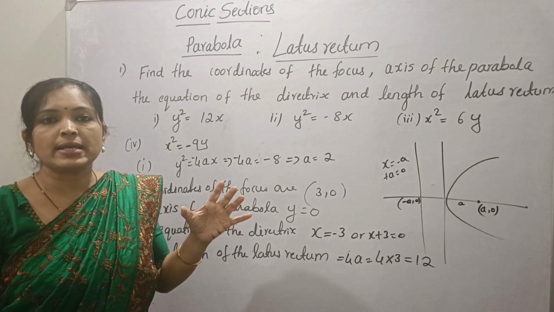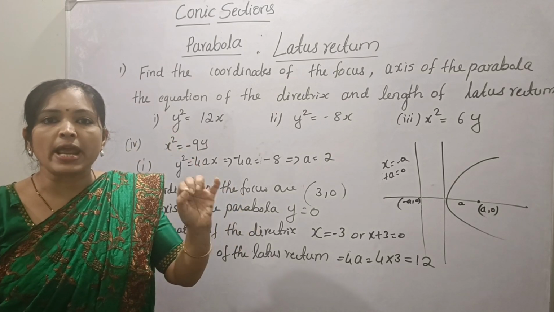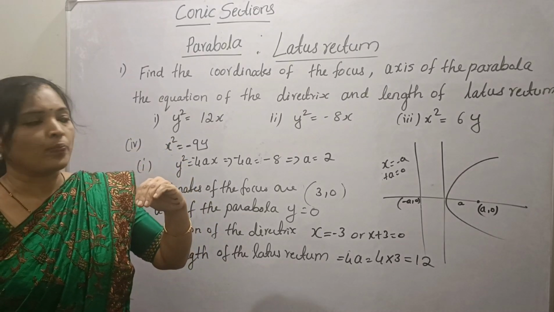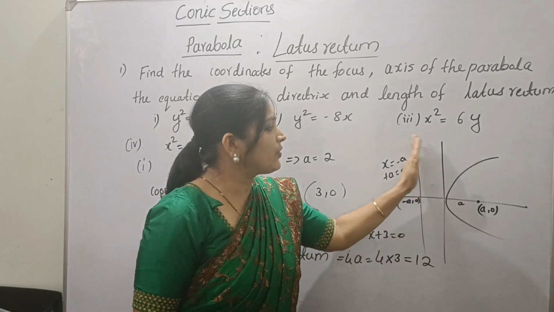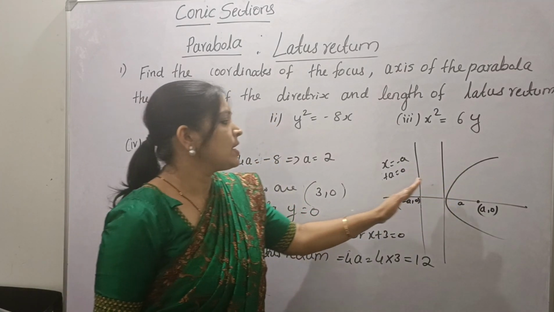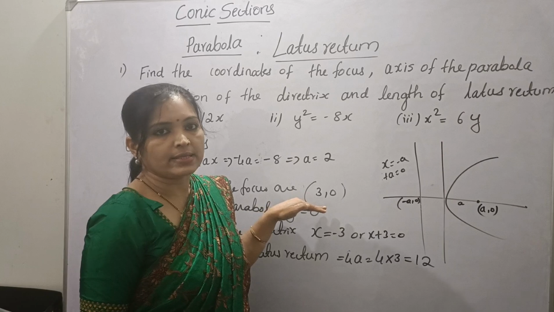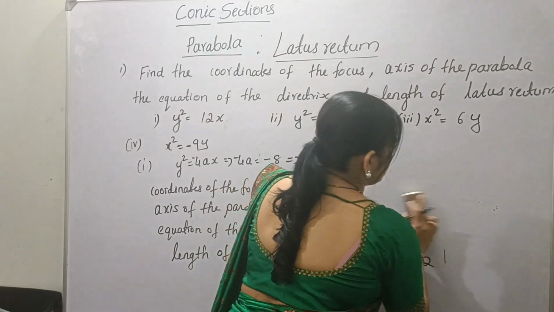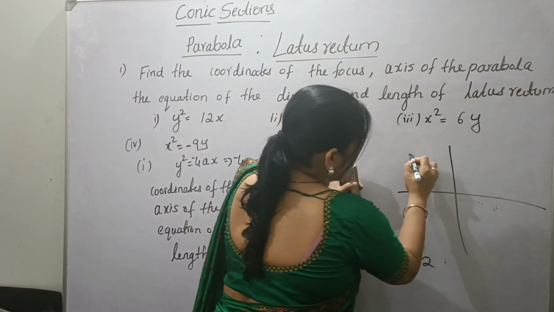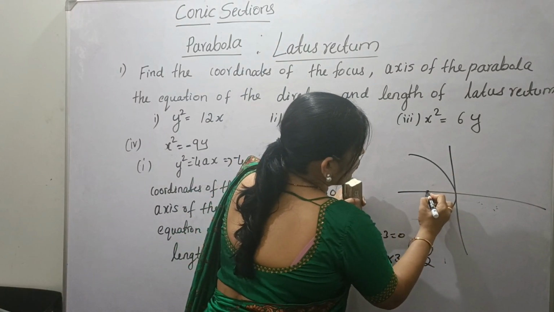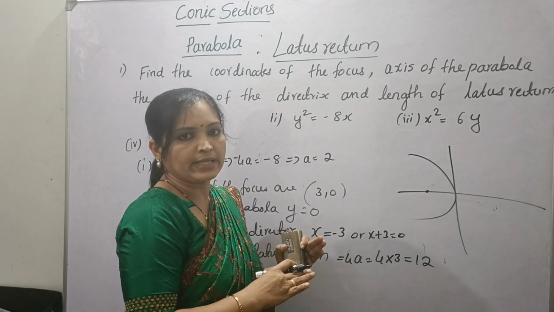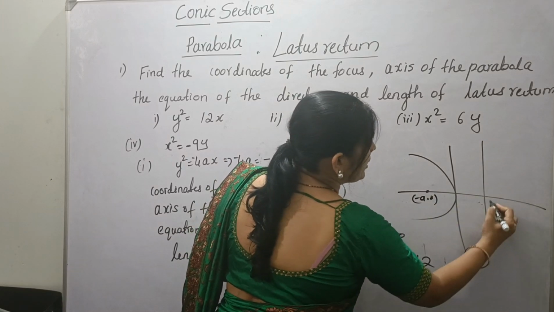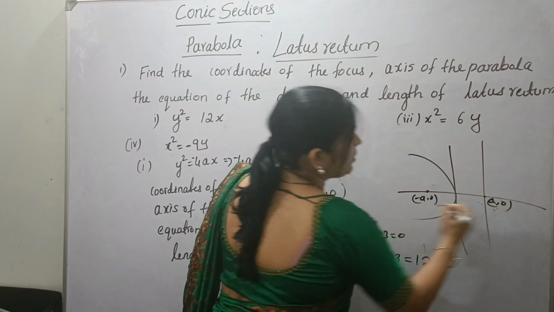So the focus point is on the negative x-axis, the focus point is minus a, 0. The directrix will be on the other side, with the point a, 0.